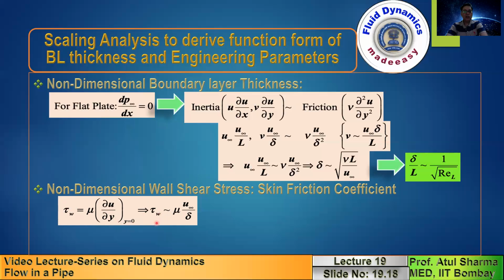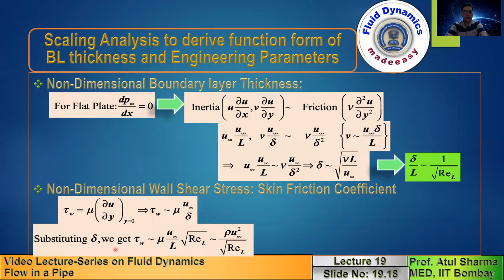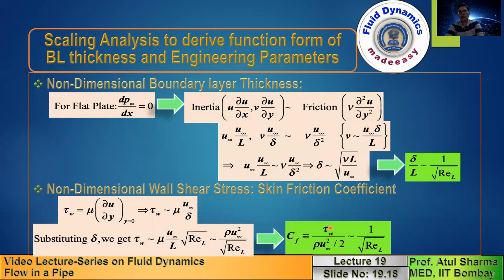So tau w is of the order of mu del u by del y, which is of the order of u infinity by delta. Now the wall shear stress is non-dimensionalized by half rho u infinity square. Now if you substitute delta from here into this expression, you get tau is of the order of rho u infinity square by REL. Skin friction coefficient is wall shear stress divided by half rho u infinity square.